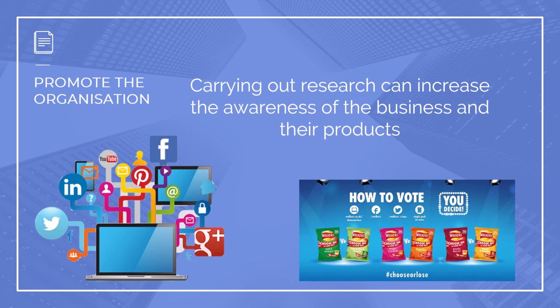So for the example on this slide, we're talking about Walker's Crisps, and they did a little campaign called Choose or Lose. And that's where they basically put flavors up against each other and you have to choose which one to vote for. So this is a way of researching to see what the favorite flavors are, but it's also raising awareness of your products. And by using the hashtag choose or lose, it went viral and obviously gained a lot of awareness for the brand.